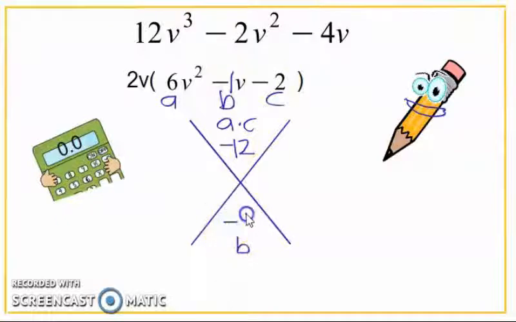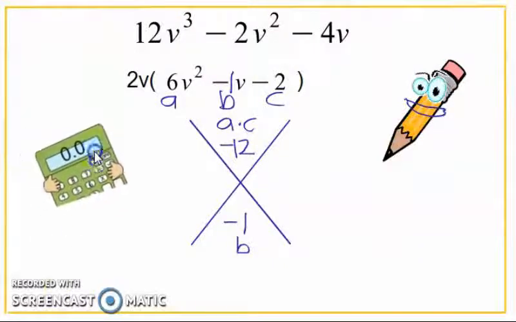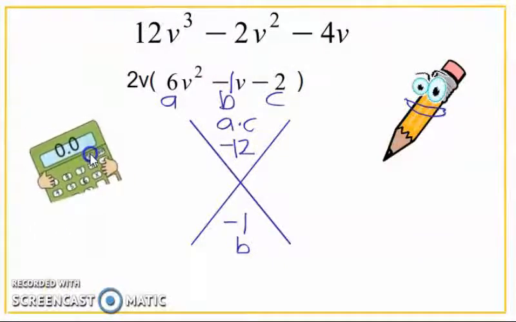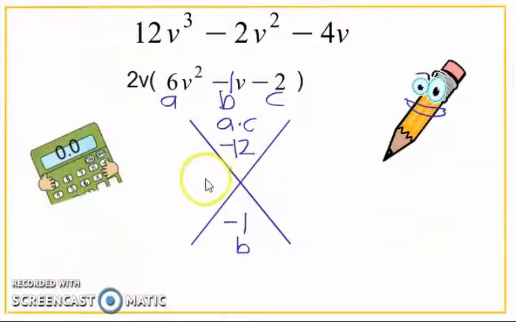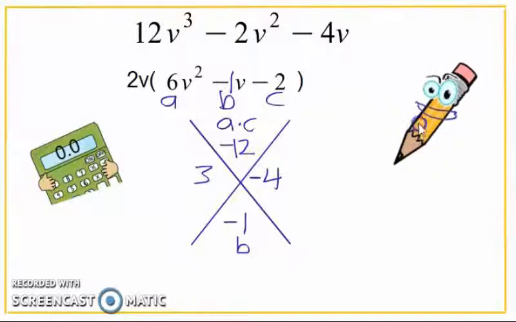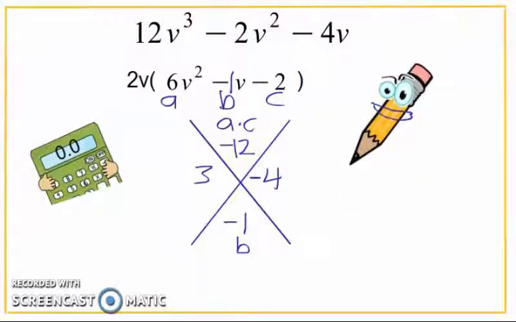Next you have to find 2 numbers that multiply to get -12 and add to equal -1. Those 2 numbers in this equation are 3 and -4. Why, you ask? It is because 3 and -4 multiply to get -12 and add to get -1.